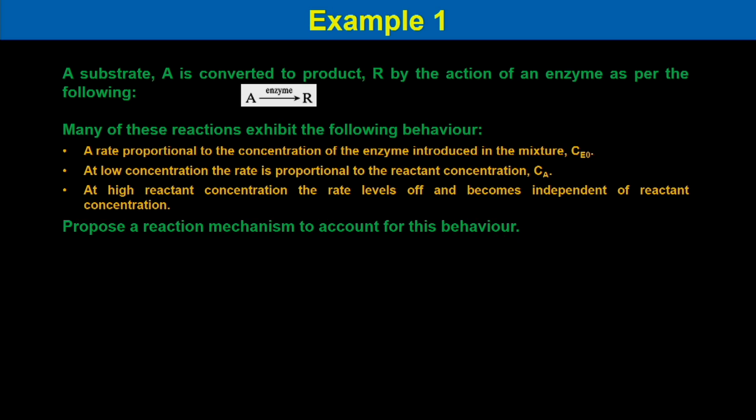So, by comparing with the experiments, it can be observed that minus dCa/dt would be equal to dCr/dt, which would be proportional to E naught, as can be seen from this equation.